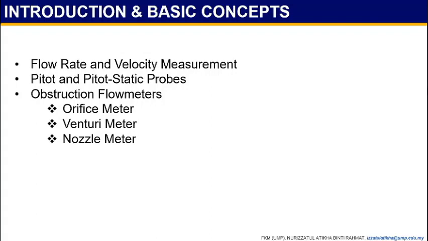Those devices are the pitot and pitot static probes, and then we learned about obstruction flow meters. Maybe in the final exam you will be asked to explain, for example, the concept of obstruction flow meters. I don't know. All right.